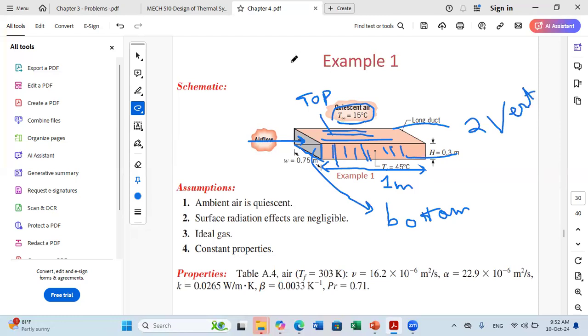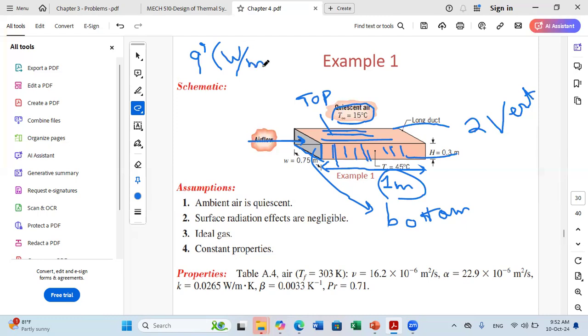So if I want to find total heat loss per meter, because they said per meter, meaning what is the length here? 1 meter. So I want to calculate Q prime in watt per meter, which corresponds to a length here of 1 meter. What can I say?